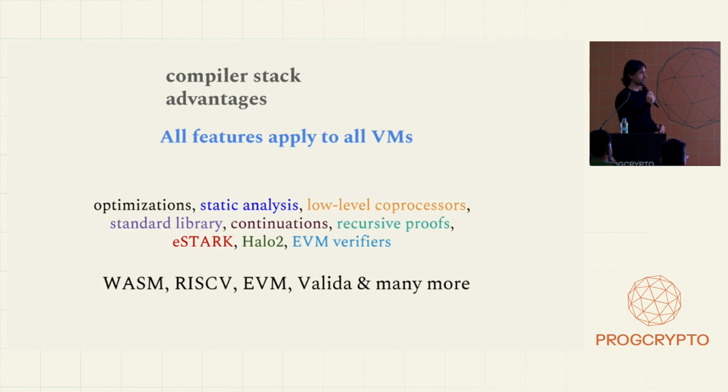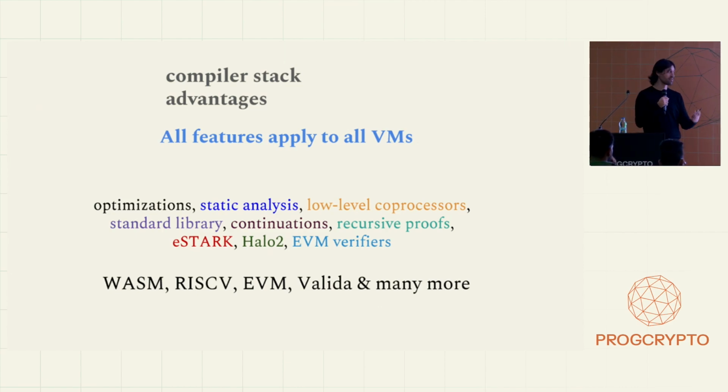To conclude, I just wanted to bring back my main point: the main thing that a compiler stack gives you is the fact that all features apply to all VMs. Currently we have this RISC-V and Valida front end, and a lot of the features that we're building are first integrated with that in mind.